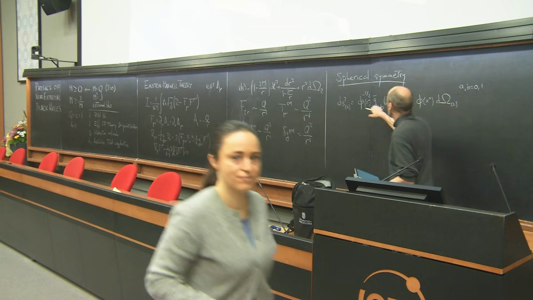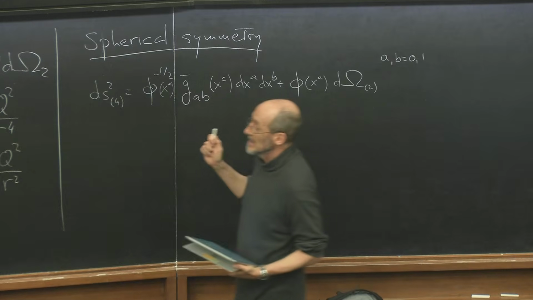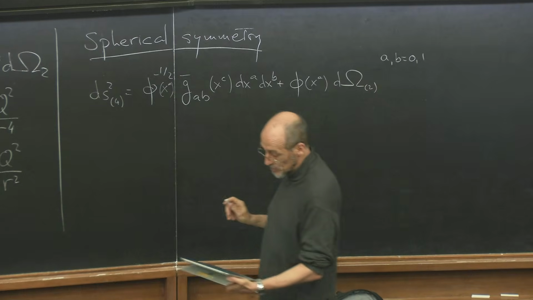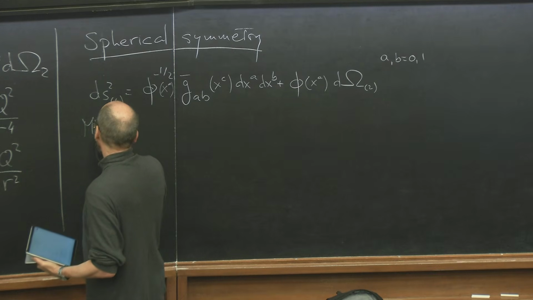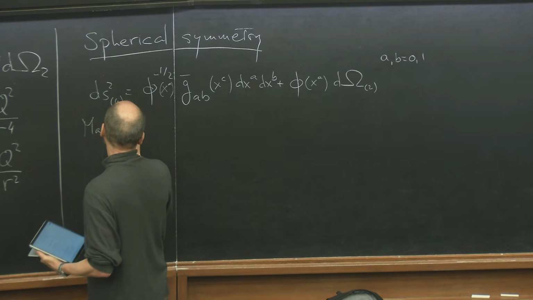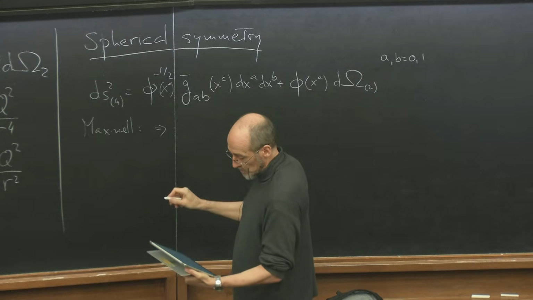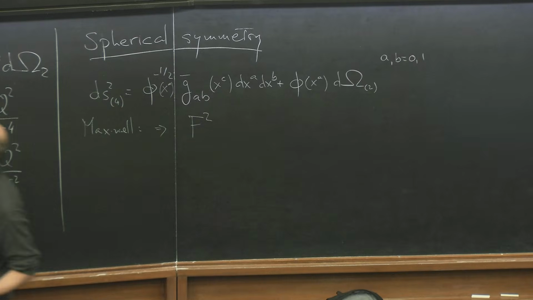So once I take this spherically symmetric ansatz for the metric and also for the gauge field, the Maxwell equations are easy to solve. What we will need is that F squared, of course, is F mu nu times F mu nu.